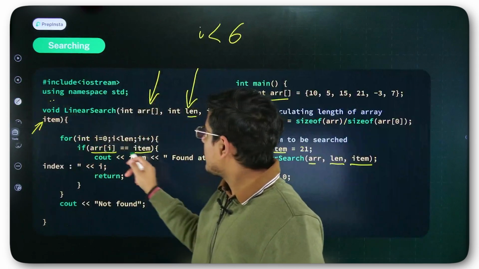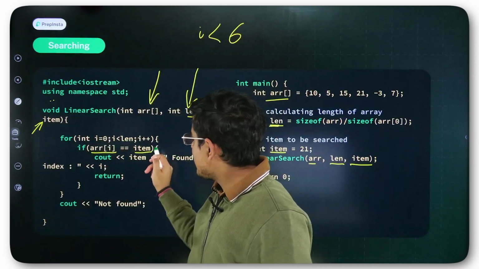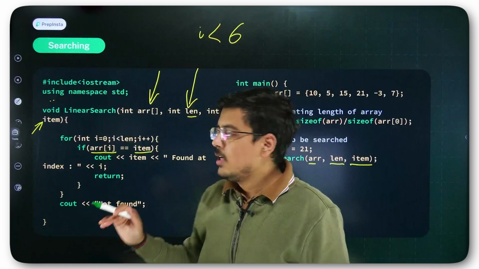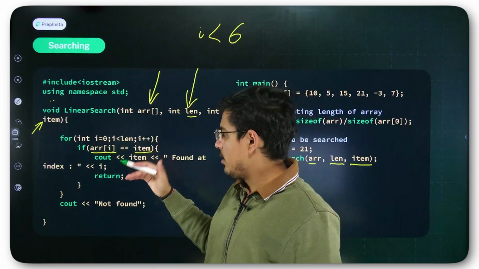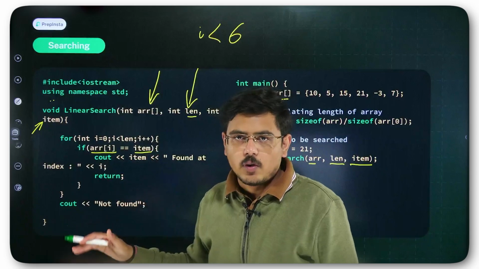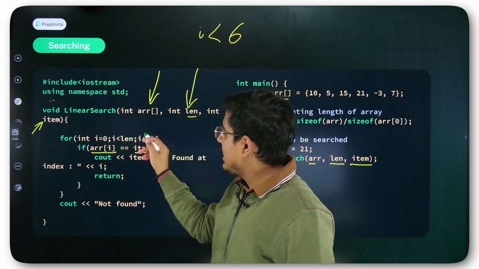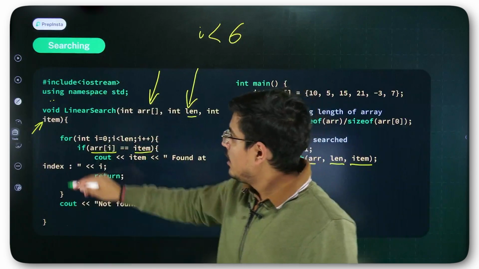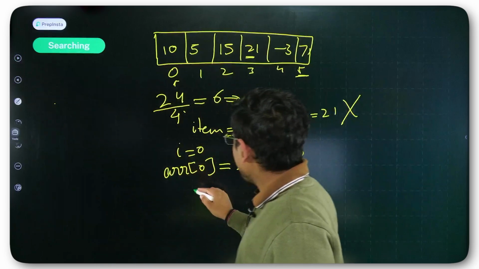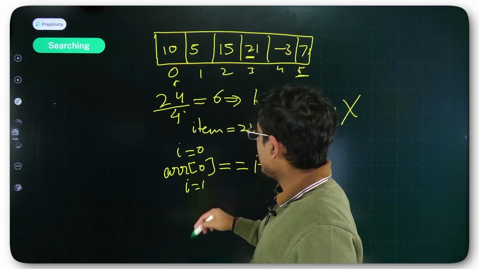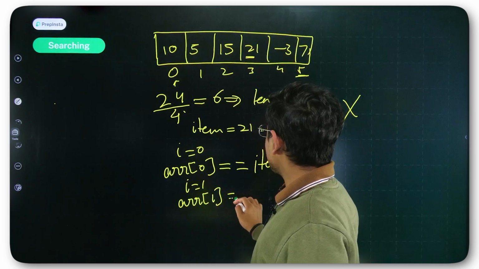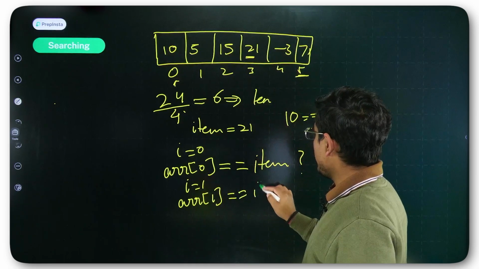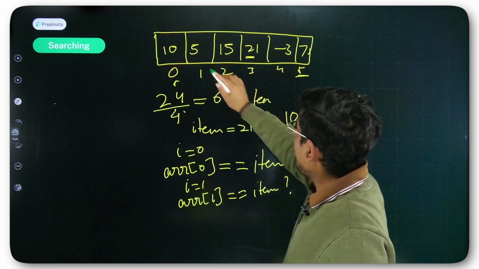When this condition turns out to be false, this if block would not work, and it would simply increment the i value. So i becomes 1. Now you check for the first index, is 5 equal to 21?